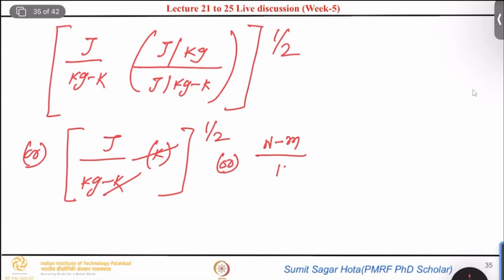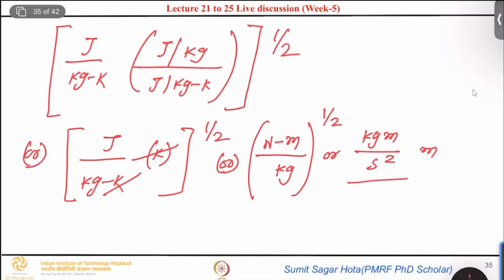Newton meter divided by kg to the power 1 by 2, or kg meter per second square into meter divided by kg.